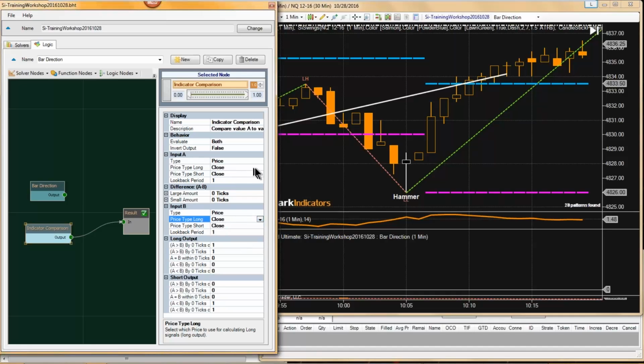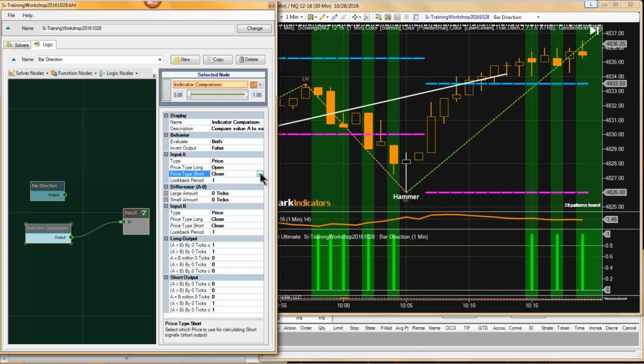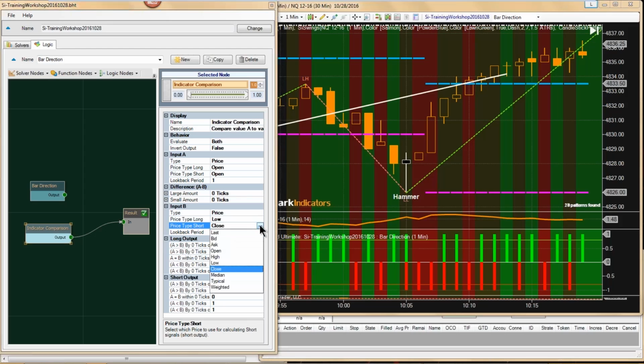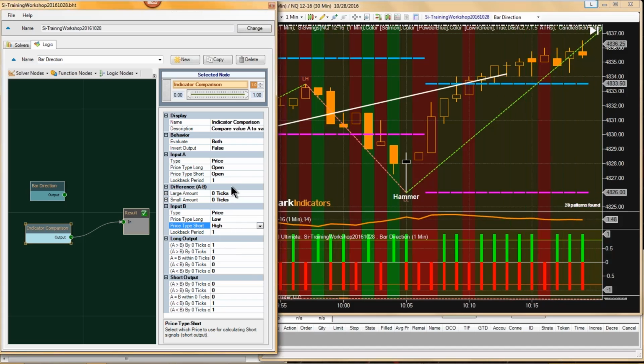So if I wanted to, I could compare the open price to the low price, or whatever price you want to compare. All of NinjaTrader's prices are right there, so you can mix and match whatever prices you're interested in.